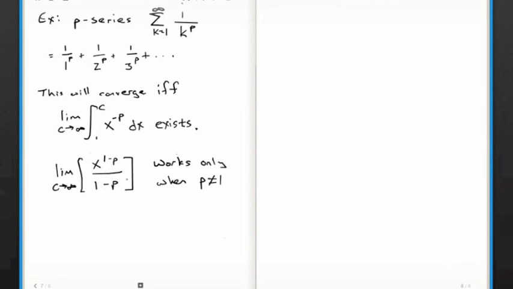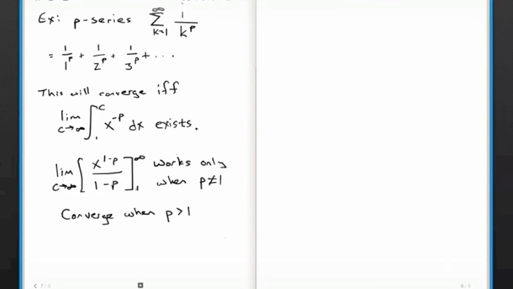So let's say p is greater than 1, it will converge. Why is that? Because when p is greater than 1, the exponent becomes negative. And since I'm going from 1 to infinity, the exponent is negative, which means it's really on the bottom of a fraction, which means that when I stick in infinity, that'll go to 0.